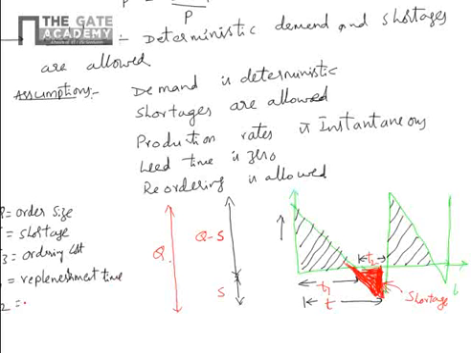T2 is the backlog time, or otherwise shortage time. The number of cycles per year is equal to D by Q.